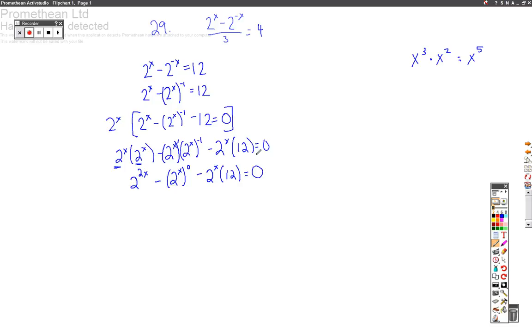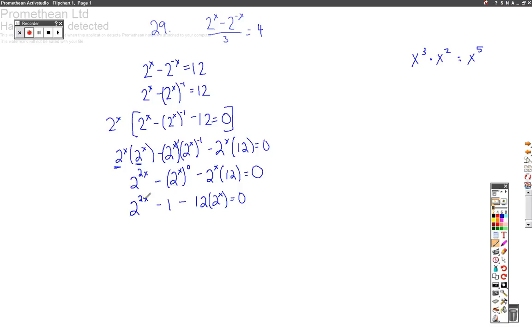Alright, so here's what I'm going to tell you to do. Let's simplify this. 2 to the 2x minus 1 minus, and I'm going to write the 12 out in front. I'll show you why. Equals 0.